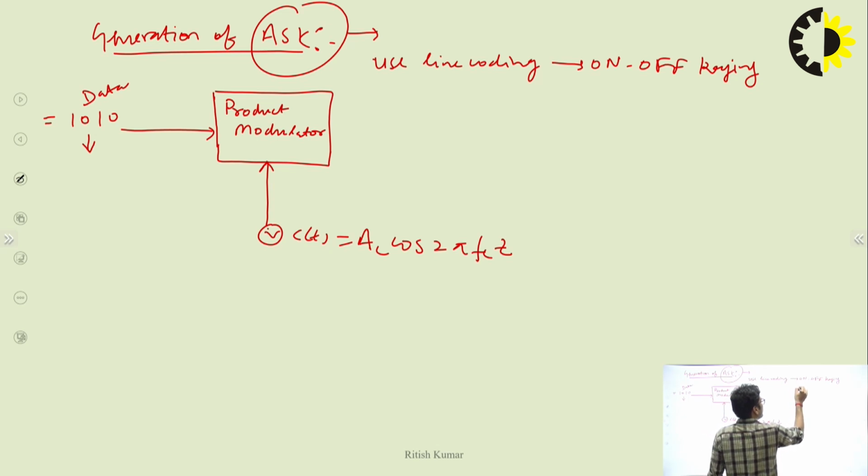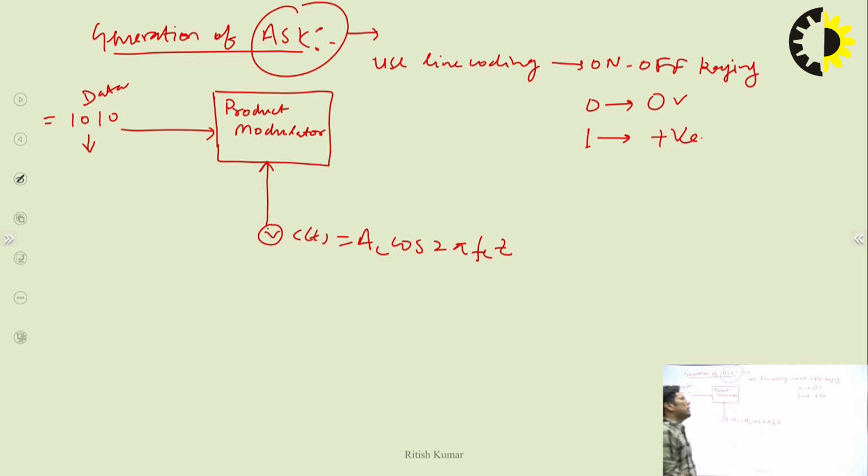If I have data of 0 or 1, then 0 is represented by 0 volts, while 1 is represented by a positive value. So here you can make the electrical signal by using on-off coding, that is 1 0 1 0.